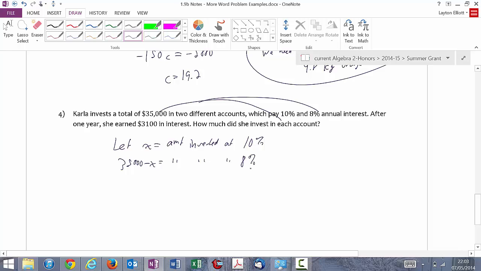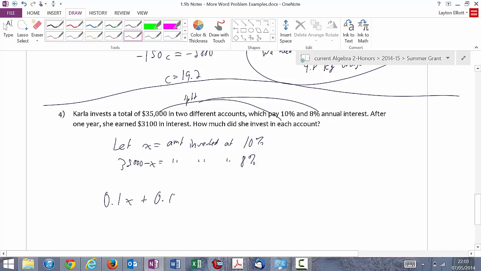So again, we took the total that we invested and we split it, and this is kind of an important little split we made here. We did that in the previous problem too. So then I'm just going to take each amount and multiply it by its respective interest rate. 10% times X plus 8% times 35,000 minus X, and we're going to set that equal to the amount of interest it gives us, $3,100.